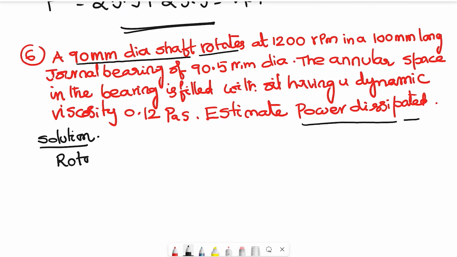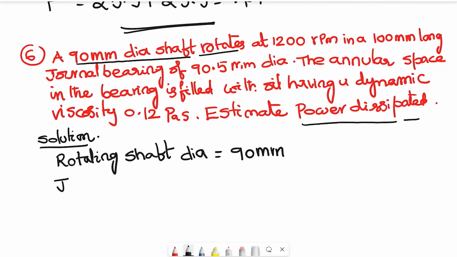Rotating shaft, rotating cylinder: shaft, cylinder and piston are all cylindrical only. Rotating shaft diameter is equal to 90 mm. What is the next one? Basically, the journal bearing diameter. That means this shaft is rotating inside a journal bearing.